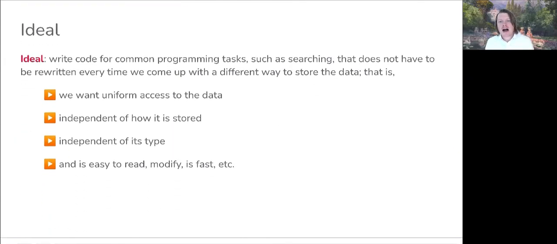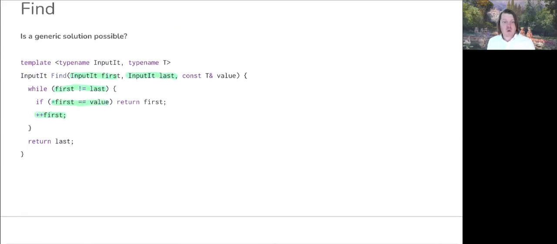It would be ideal if we could write code for common programming tasks such as searching, finding, etc. that does not have to be rewritten every time we come up with a different way to store the data. That is, it'd be cool to have this generic find algorithm that we could apply to vectors, lists, trees.